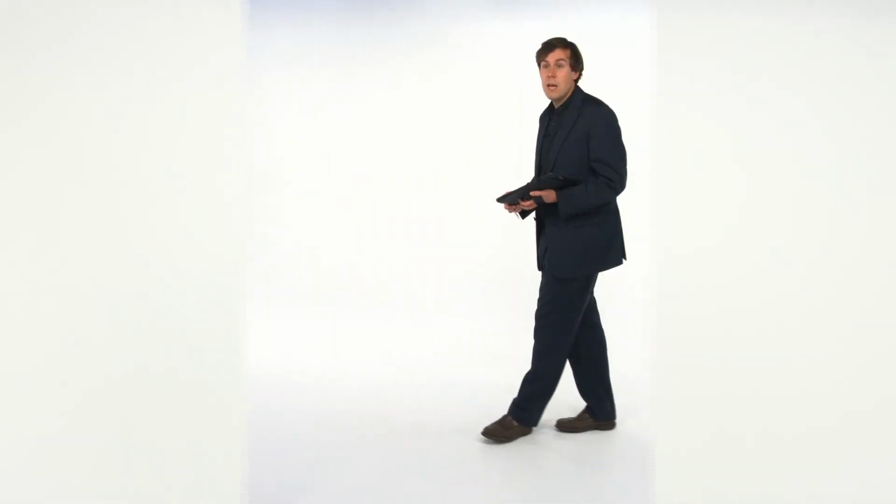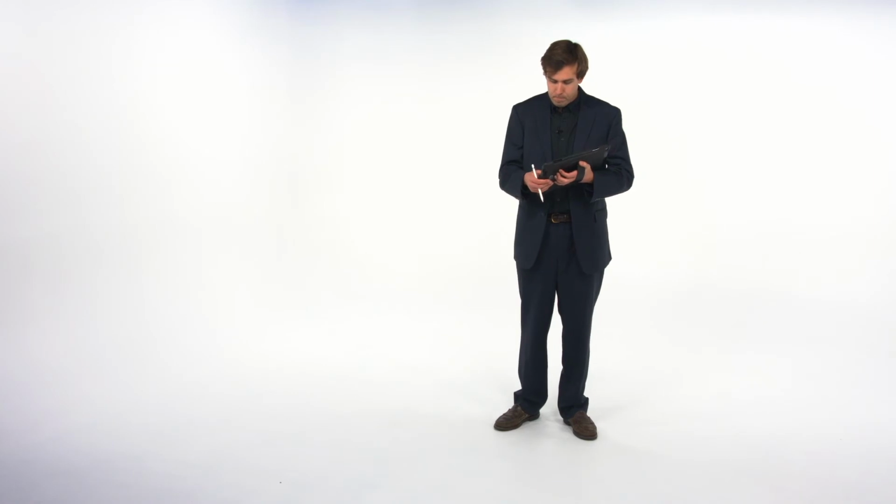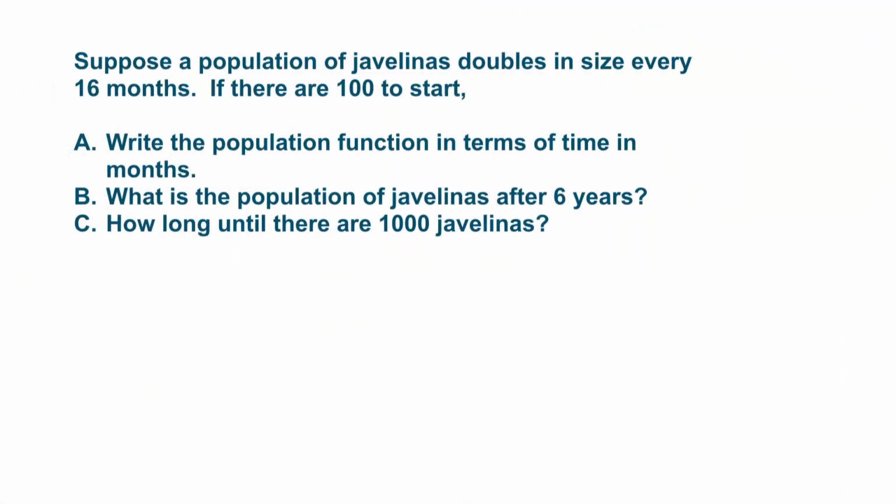Some real-world phenomena in which exponential decay is very reasonable come from chemistry. For example, the half-life of certain chemical isotopes is often governed by exponential decay laws. So let's look at an example. Suppose you have a population of javelinas, which are these little southwestern pig-like creatures.